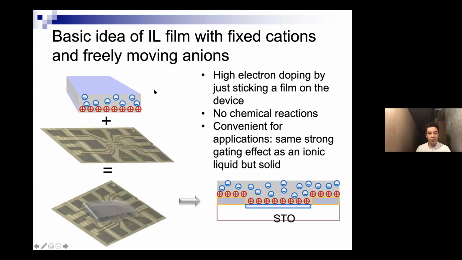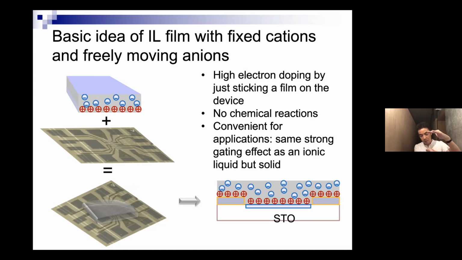So what we are going to use is the electric double layer directly laminated to the semiconductor devices. This time I want to show one side, the cation side is fixed, and the anion side is freely moving. How to make it is easy, because the cation side has the unsaturated bond, and the anion side doesn't have the unsaturated bond.